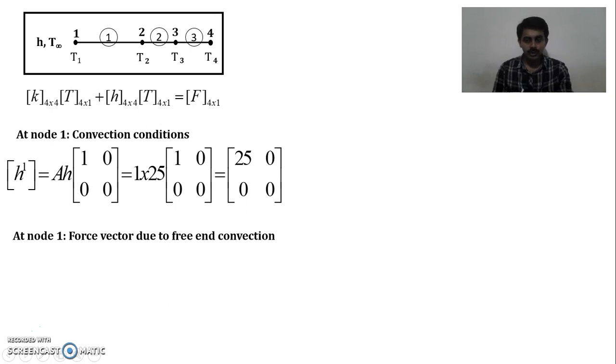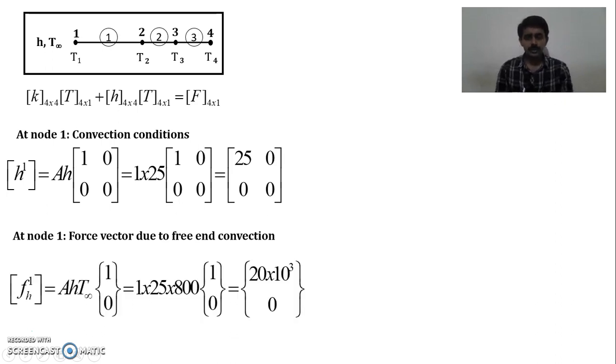When we substitute the values, area is unit area and H is 25 watt per meter square degree centigrade, and this is the matrix we get. Similarly, if we write the force vector at node 1, we have only the temperature condition at node 1. We know F is given by A into H into T infinity into 1, 0.